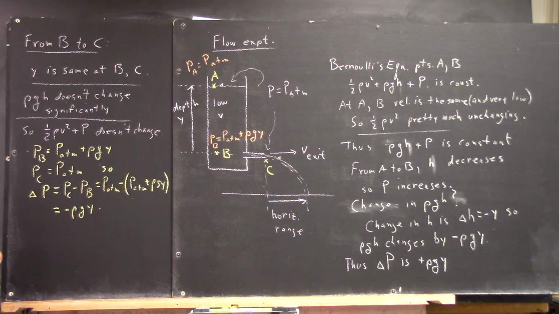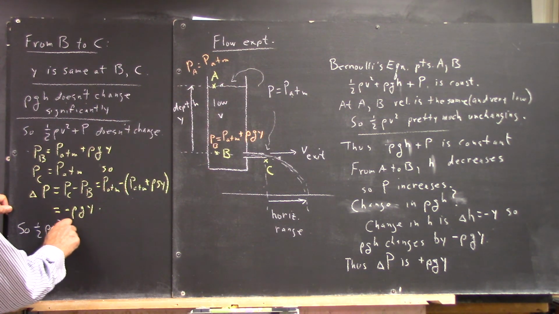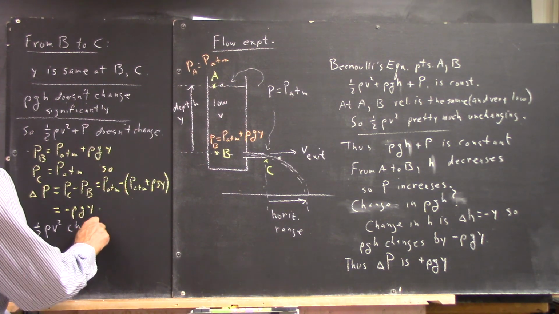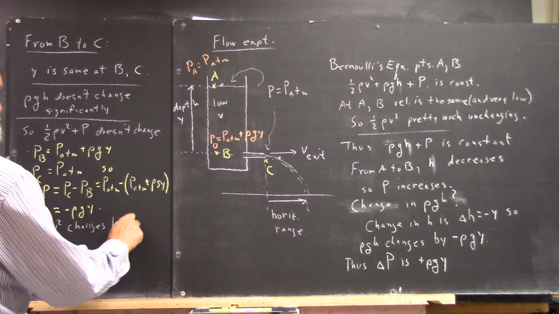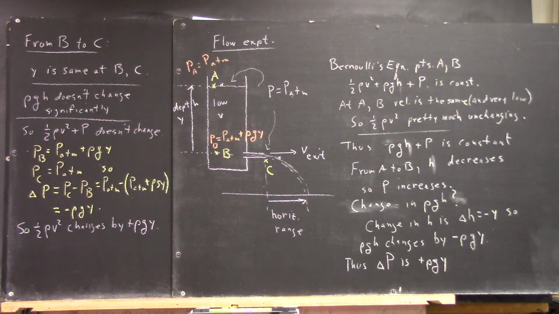Okay, well then, one half rho V squared changes by plus rho GY. Okay? Now that's positive. That means that the velocity has to get bigger since rho isn't changing. Now, if you're in the high temperature wind tunnel, you got density changes, it's not so simple, okay?